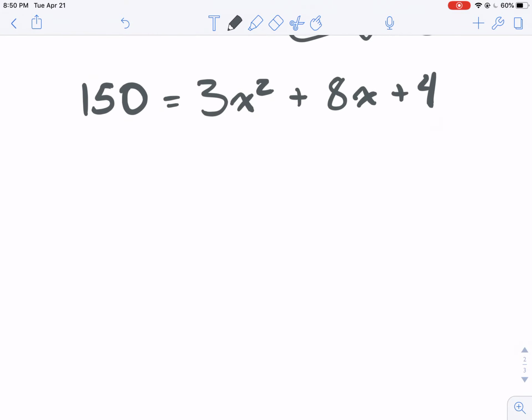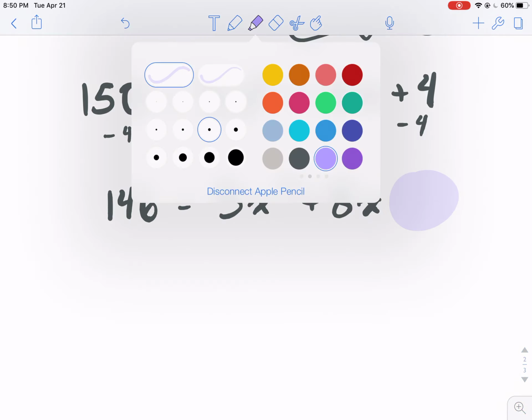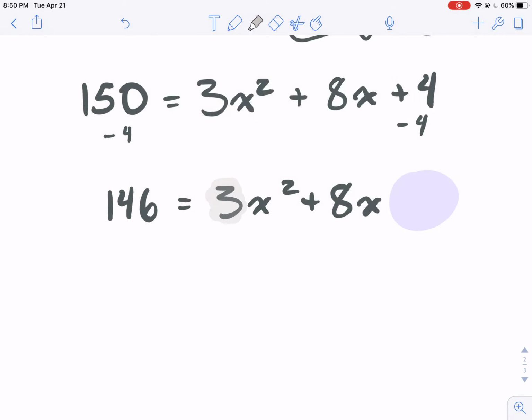So to do that, we're going to get this 4 to the other side real quick. And that will give us 146 equals 3x squared plus 8x. And we want to figure out, okay, to make this a perfect square trinomial, what are we going to add here? Before we do that, actually, let's clean this up just a little bit. I don't like this 3 right here, so we're going to divide everything by 3.